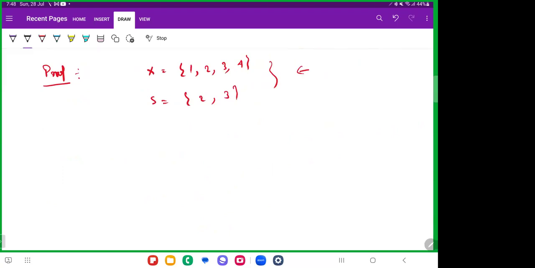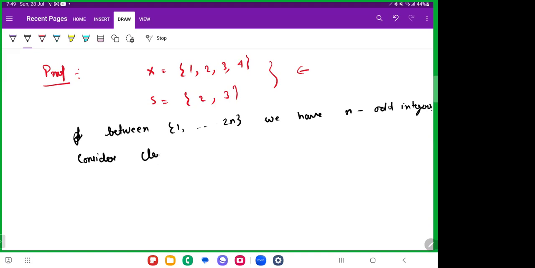So, okay. Consider these sets. Consider these classes. Between 1 to 2n, we have n odd integers and n even integers. Consider classes corresponding to each odd integer.